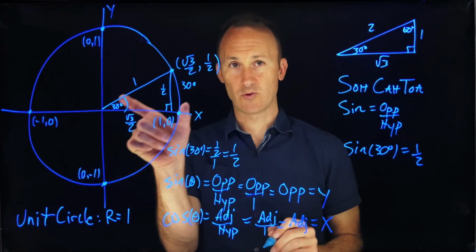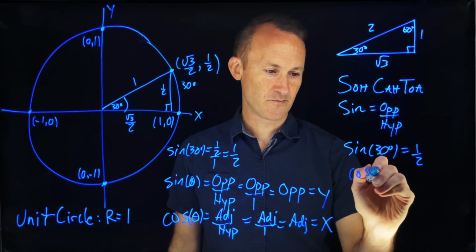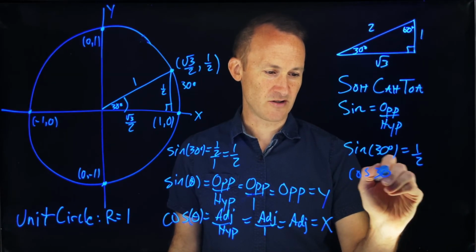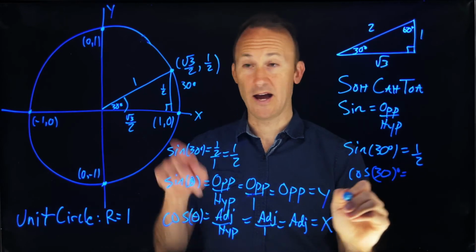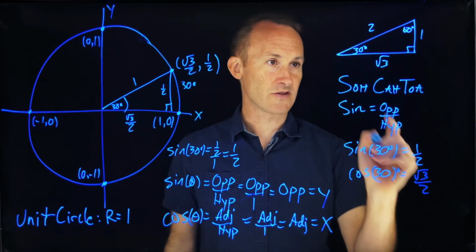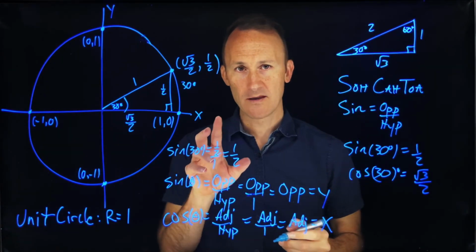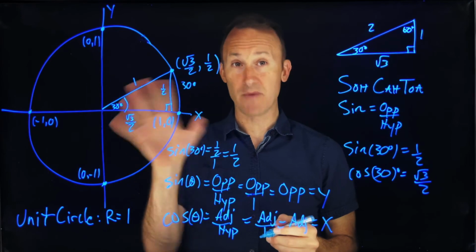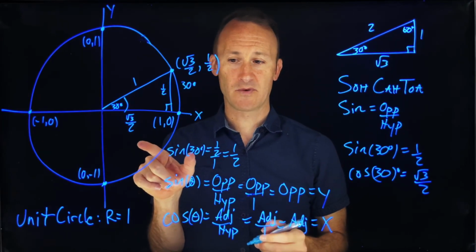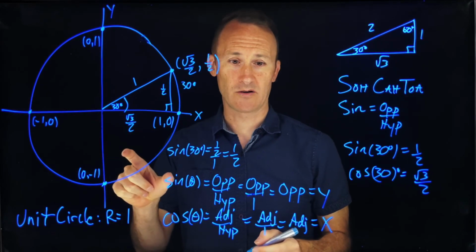Because if you look here, the cosine of 30, what I'm trying to tell you is that you can just look at the x value, it's root 3 over 2. And you get the same thing here, adjacent over the hypotenuse. So this does have some major advantages, and I'm going to give you some of them now.